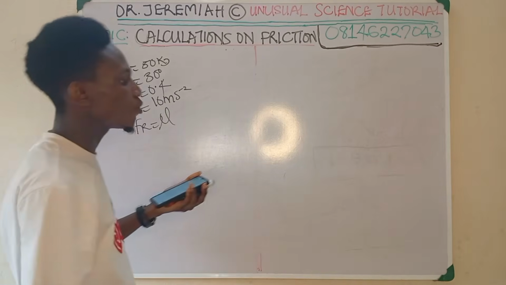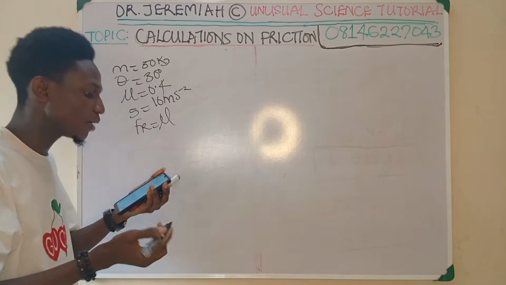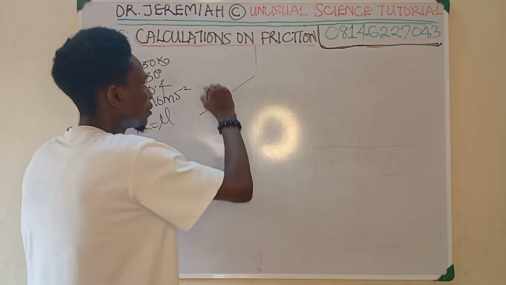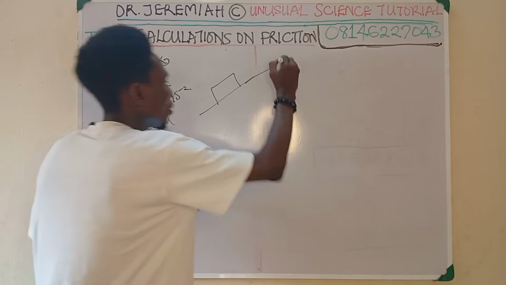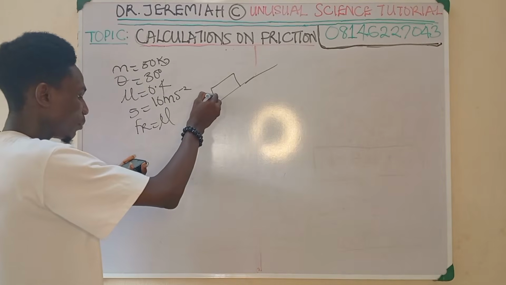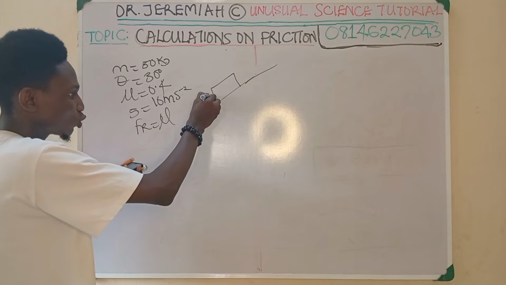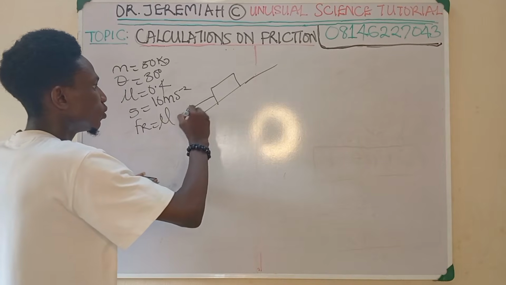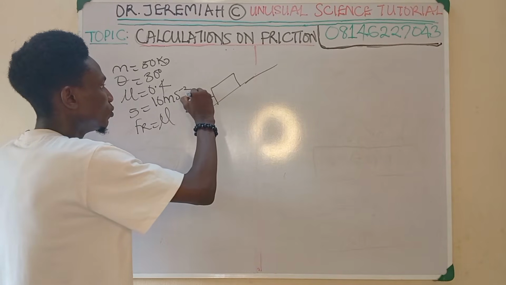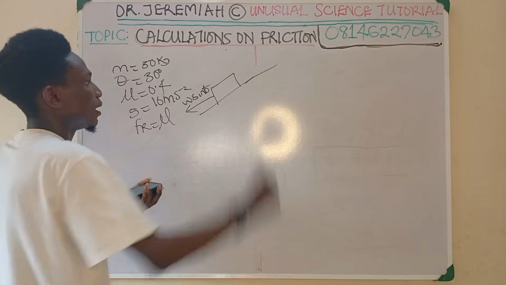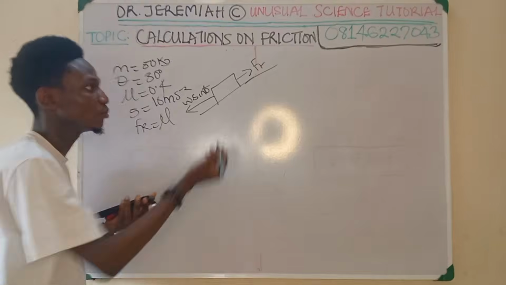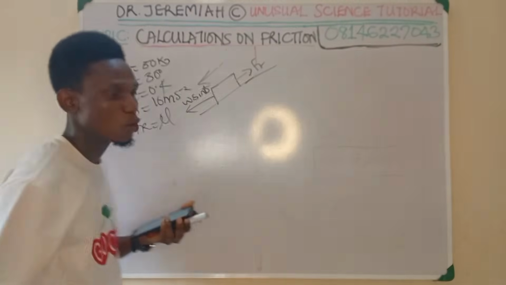And remember all our formulas. A body slides down a plane inclined at an angle, so let's draw the diagram. This is the plane. There's no pulling force mentioned here, so all we have is W sine theta and the frictional force, opposing motion, because the body is moving downwards.